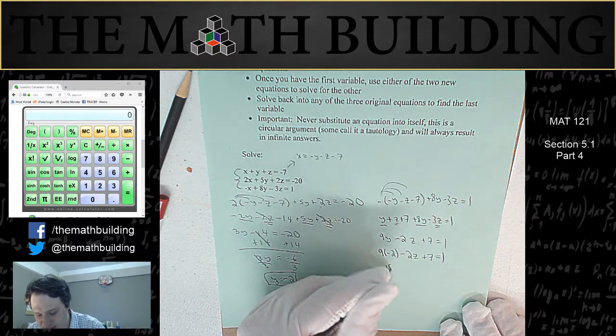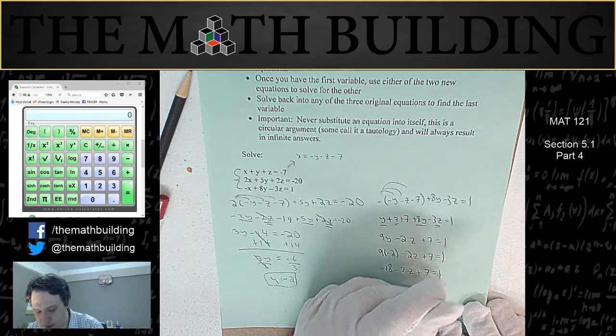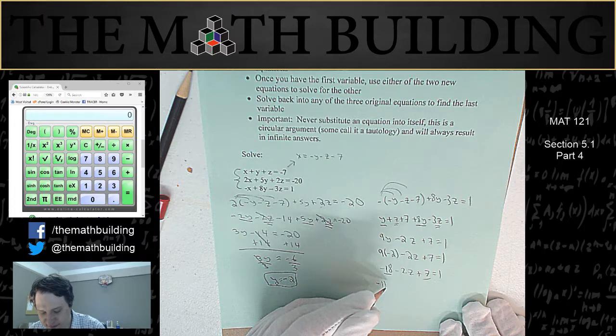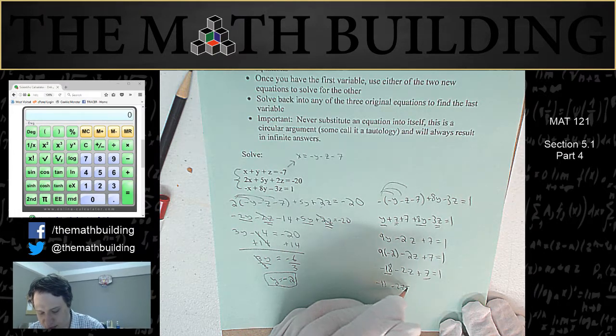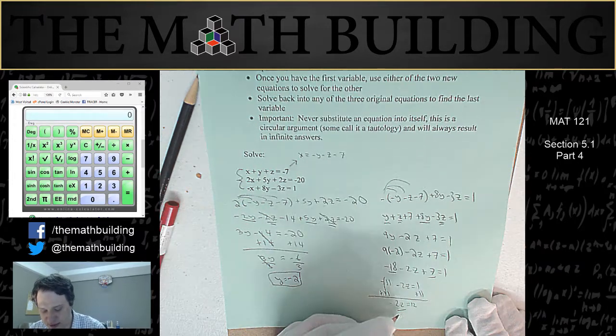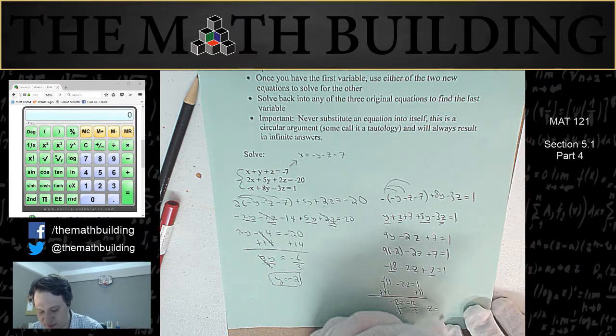So that's negative 18 minus 2z plus 7 equals 1. Combine like terms, so we get negative 11 minus 2z equals 1. Add 11, add 11. Negative 2z equals 12. Divide by negative 2, and you get z equals negative 6.